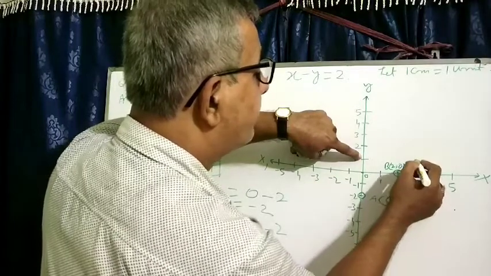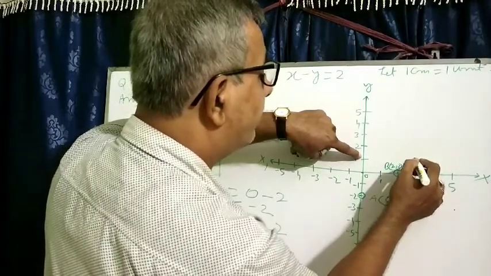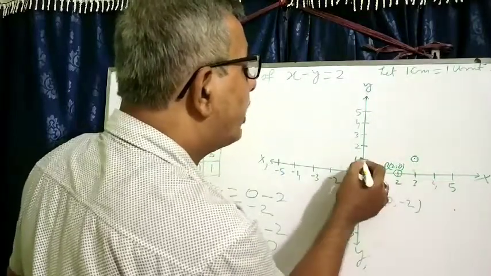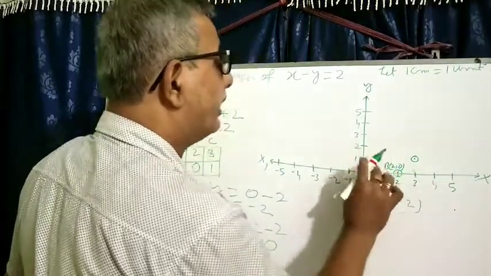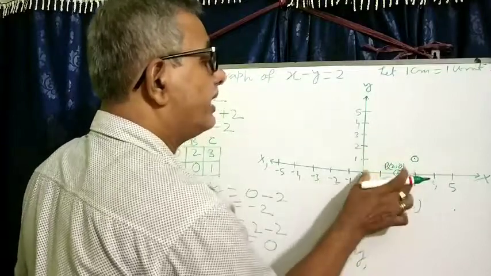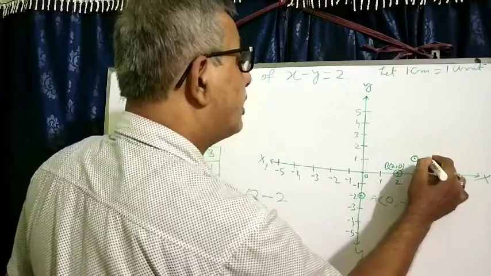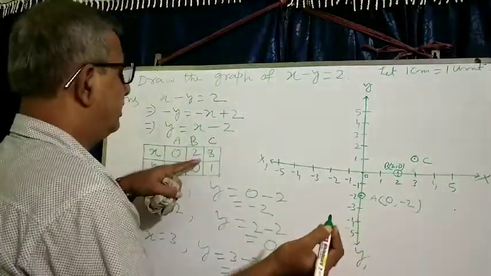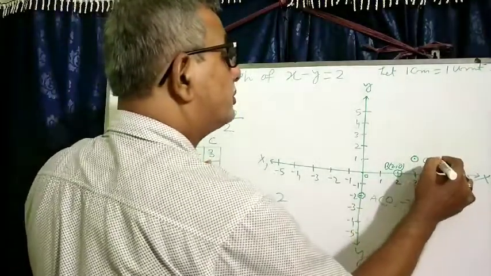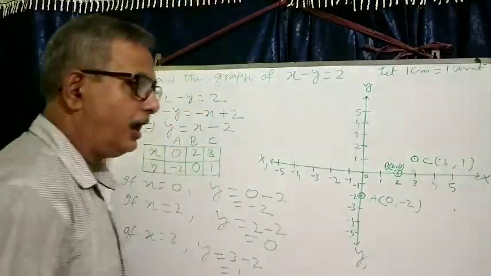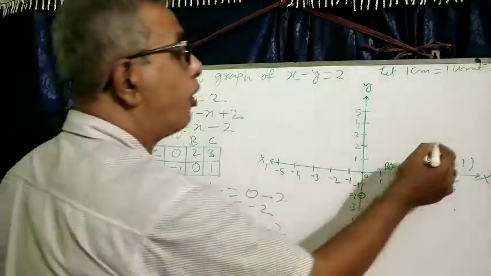The point is coming here. Y is equal to 1 and x is equal to 3. So both are here. You plot the points. C, 3 and 1. Now with the help of a scale, you draw this line.